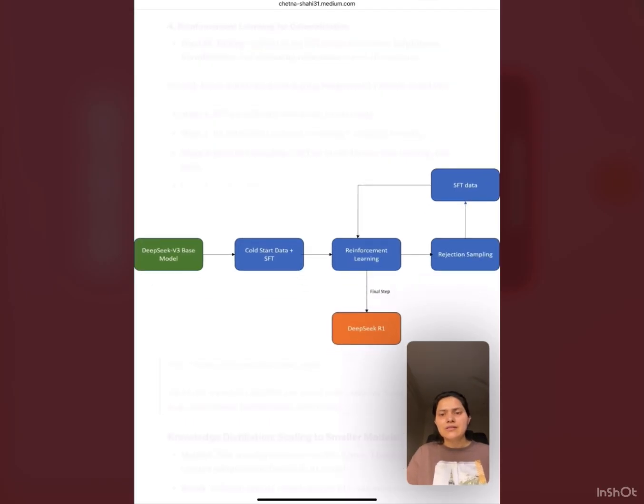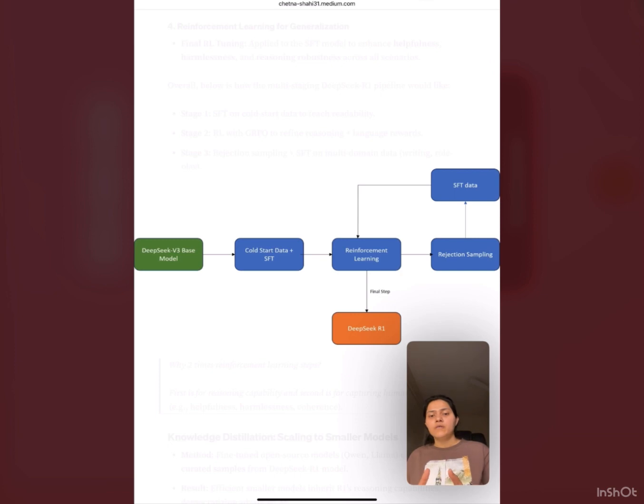Now this diagram that I'm showing you here is just showing the architecture of DeepSeek-R1. As we had discussed, you can see that there is a DeepSeek V3 base model. On that, we have done the fine tuning using the chain of thought data, and then there is reinforcement learning that happens.